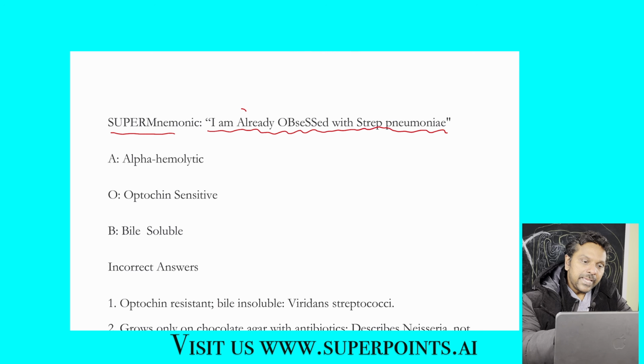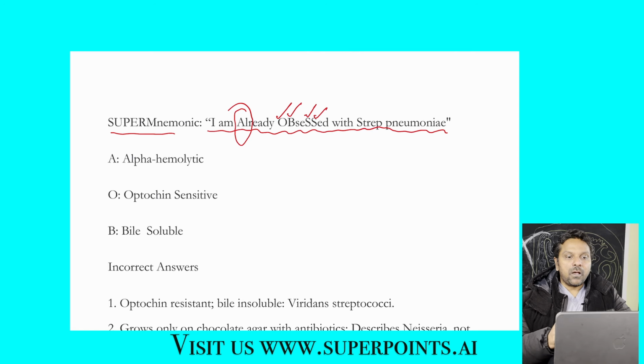Here, A is for alpha-hemolytic. O is optochin sensitive. So link that O with one S and B with the other S: optochin sensitive and bile soluble.